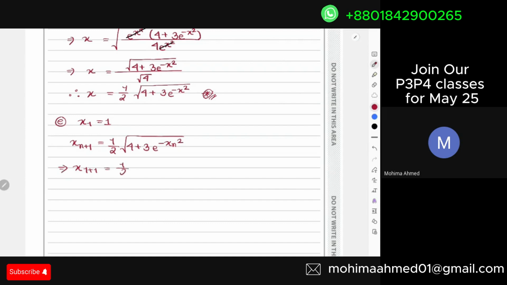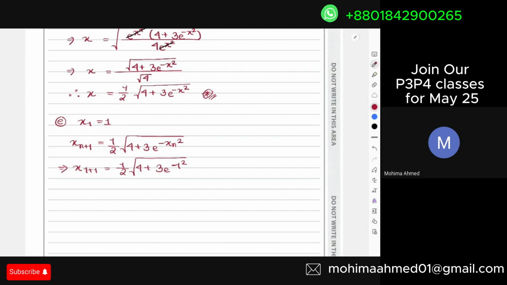We use half, then the square root of 4 plus 3e^(minus 1 squared), right? So from there we get 0.5 times the square root of 4 plus 3e^(minus 1 squared). That gives you root 39 by 6.